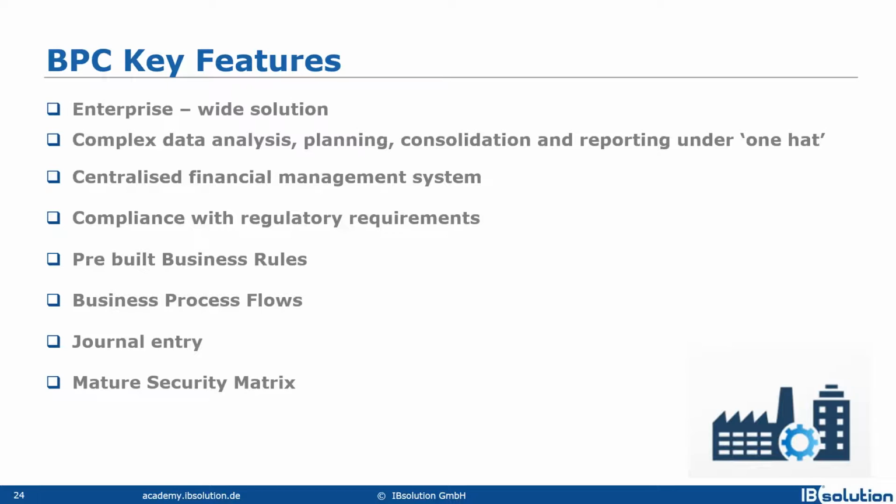You also have these business process flows which put everything into order, into place, and you can assign users and user groups to perform a specific part of this flow. You have a feature for journal entries, which is something that companies that work on their consolidation always come across.